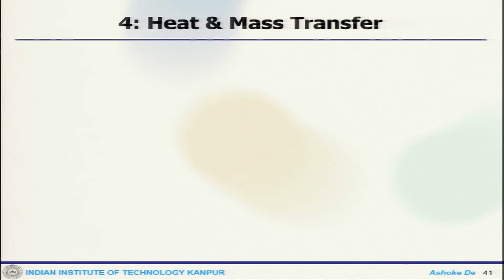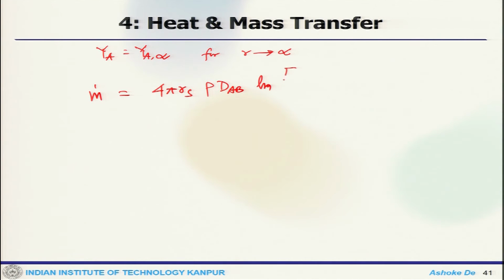Now, we can calculate the evaporation rate from equation 4.50 by setting y a equals y a infinity for r tending to infinity. So, then we can get m dot equals 4 pi r s rho d a b ln of 1 minus y a infinity over 1 minus y a s.